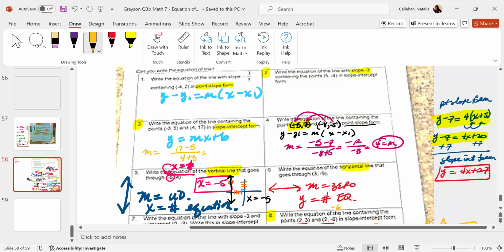For number 3, second point, is it 4, 17? 3, second point. 4 and 17. Okay. And then negative 3, 5.